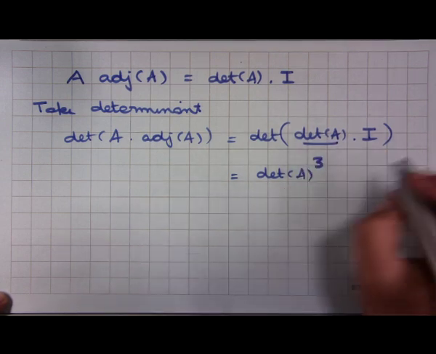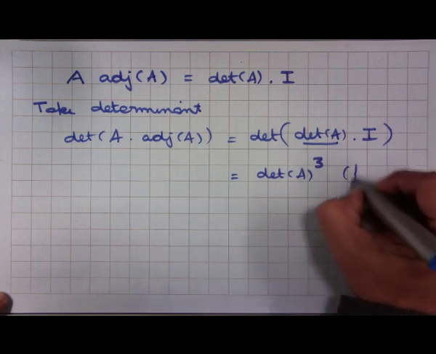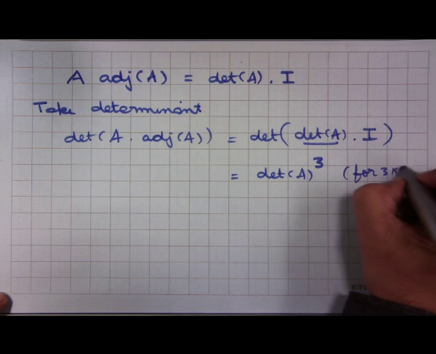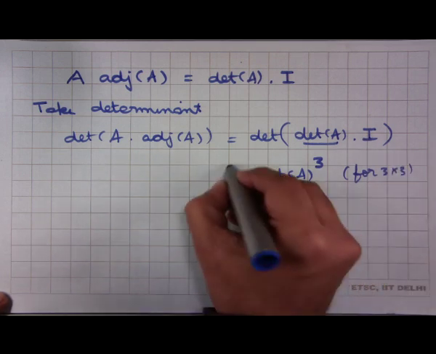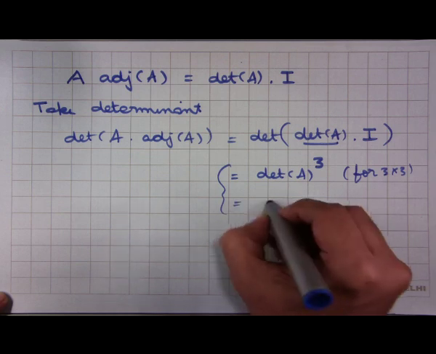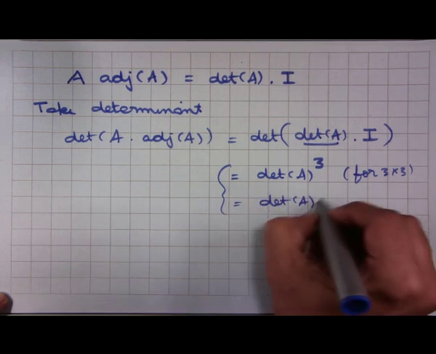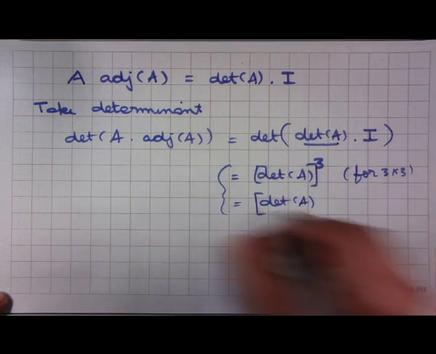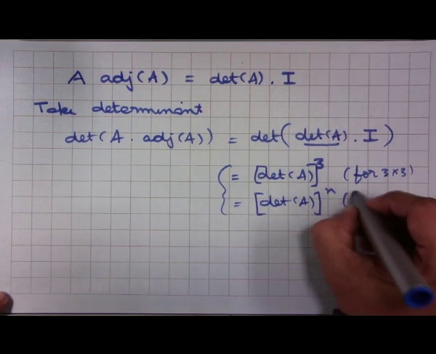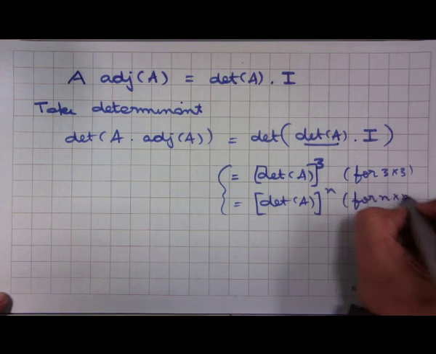So, determinant of A cube, this is for the 3 by 3 case, and in general it is going to be determinant of A power n for the n by n case. And what about the left hand side?